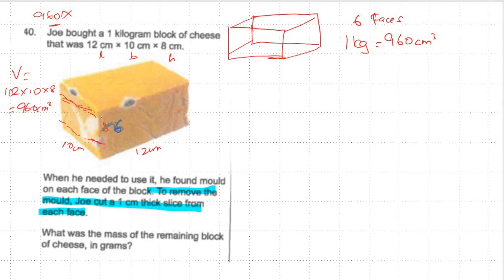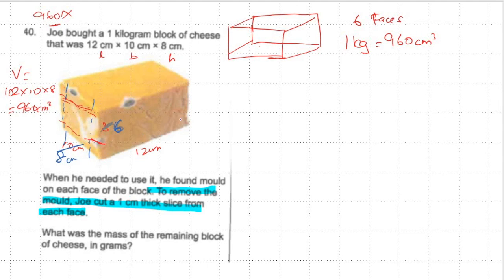So now I cut this already. I'm going to cut this side. This face here, I cut 1 centimeter away, because on this side there's also one behind, another face. Here I cut 2 faces already. When I cut this, here becomes 8 centimeter.